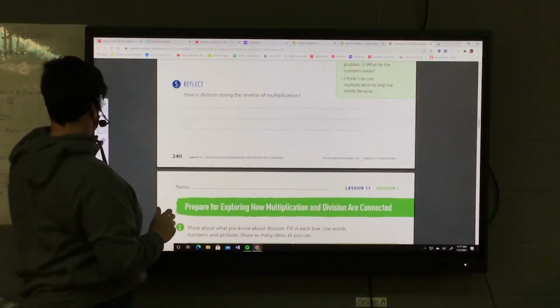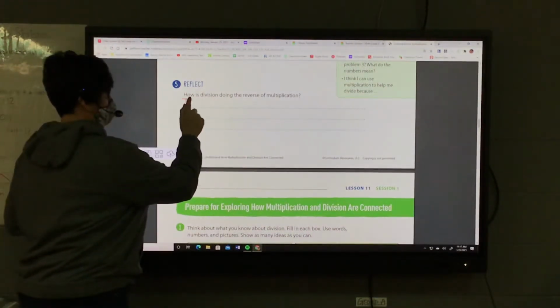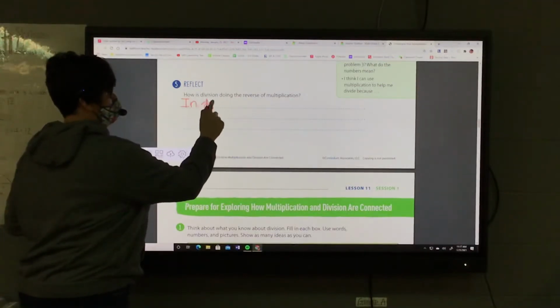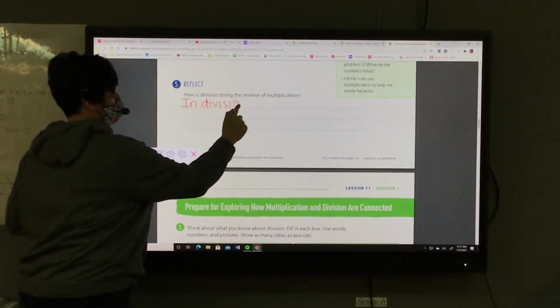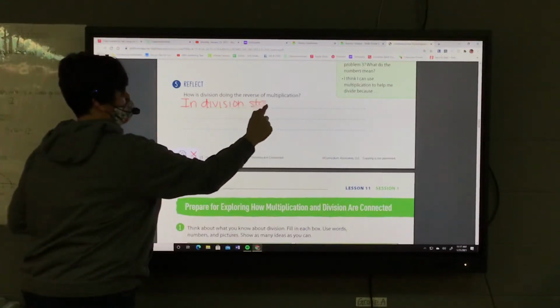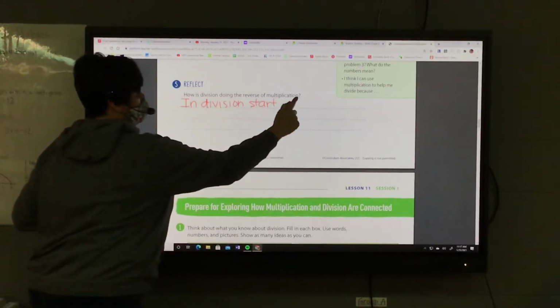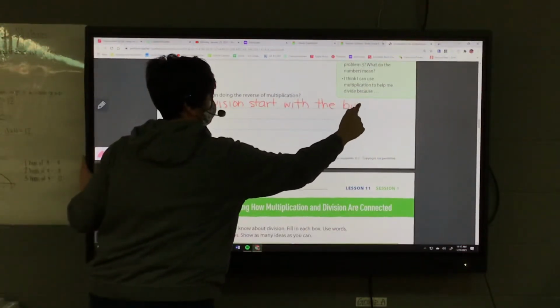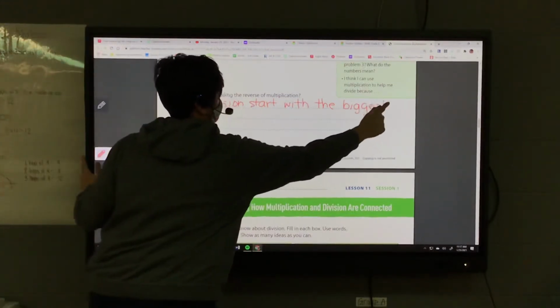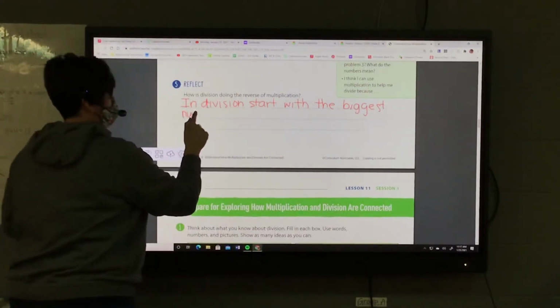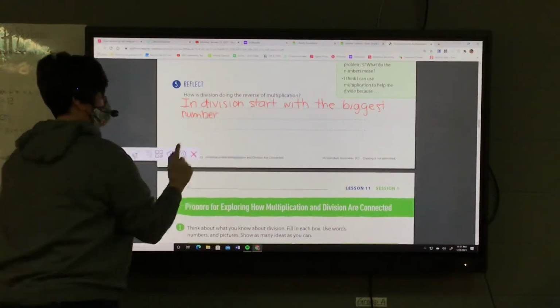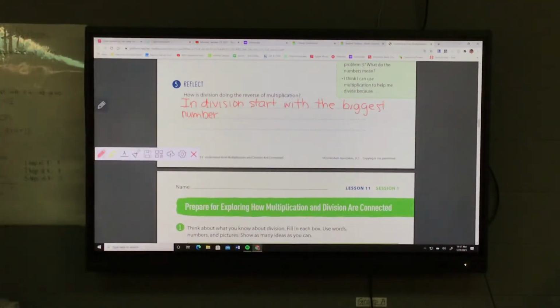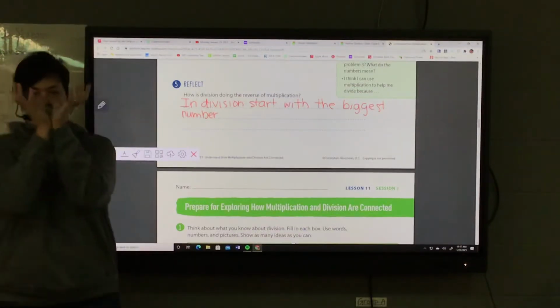So in division, start with what? Start with the biggest number. And then what do? So we take that whole number, and what do?